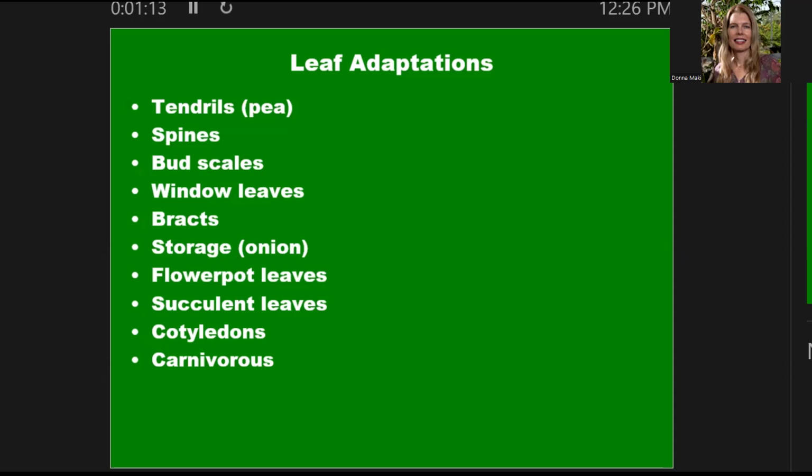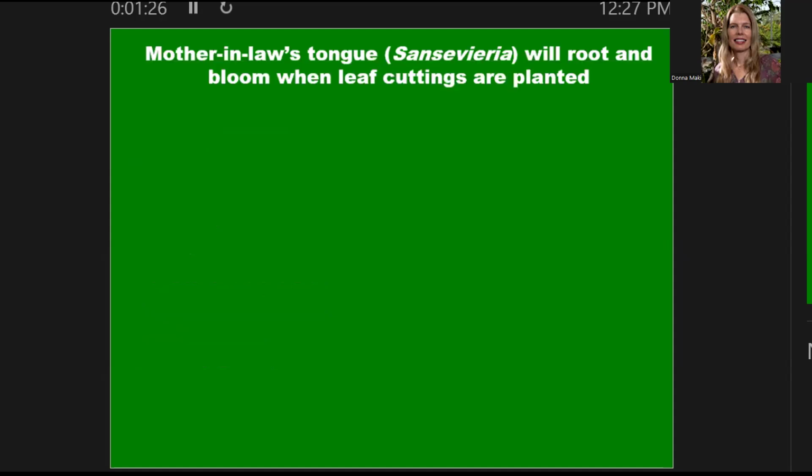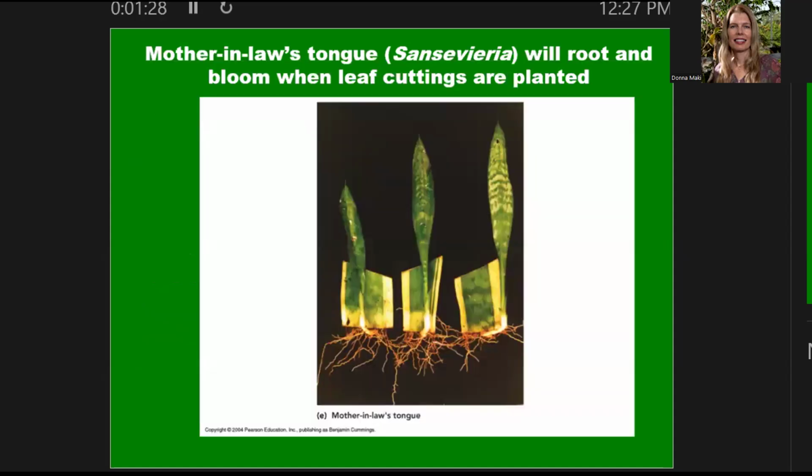We've already talked a little bit about carnivorous plant adaptations and cotyledons as part of the embryonic plant inside the seed. So we'll look at these. So we already talked about this too, that leaf tissue can be used, not just this one. There's many, many leaves that can be used to take cuttings and propagate plants.